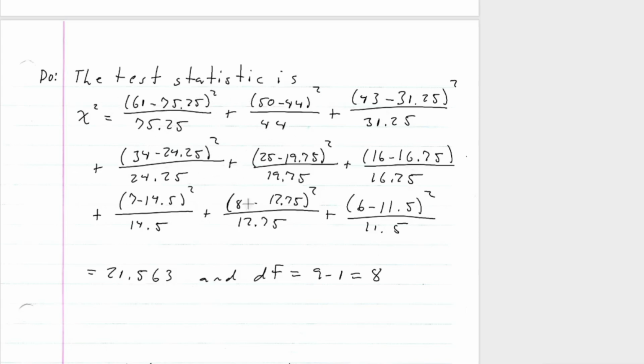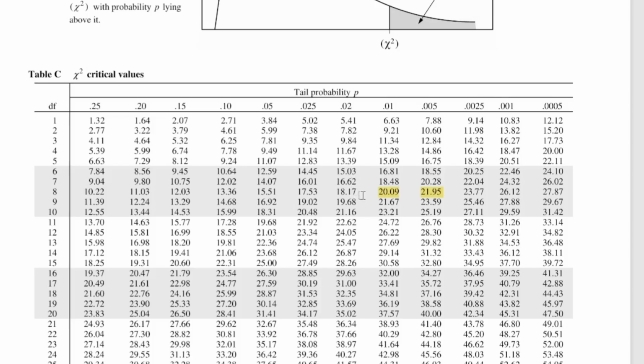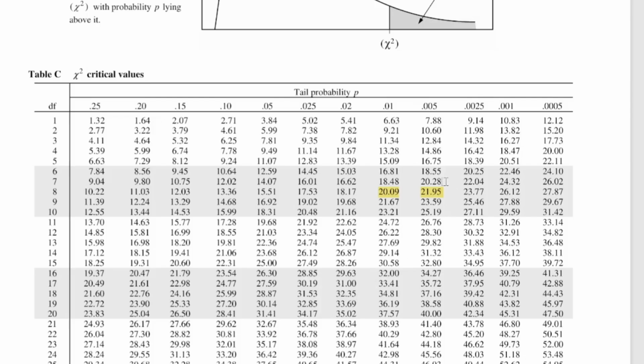If you do this calculation, you get chi-squared equals 21.563, and the degrees of freedom is 9 minus 1, which is 8. So we go to our table, degrees of freedom 8, and 21.563 would be right in between 0.005 and 0.01. So we know the p-value is between 0.005 and 0.01.